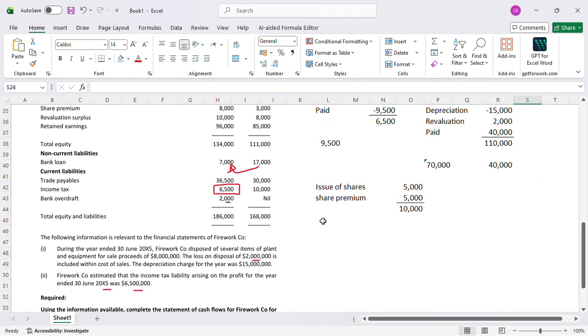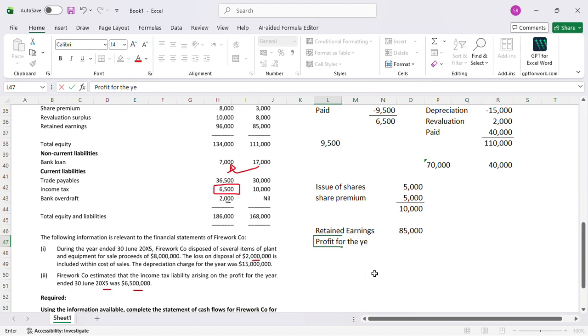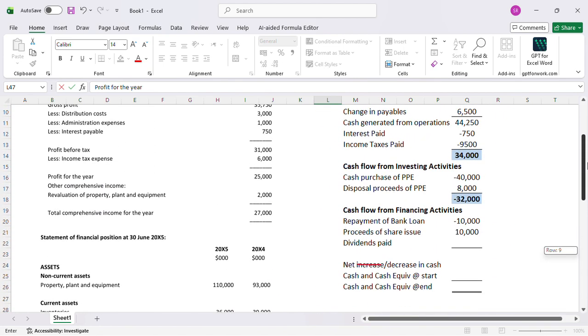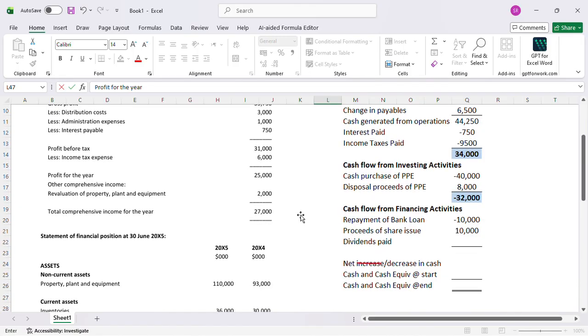Well, for this, you need to look at the retained earnings figure. Now, we started off with retained earnings of 85,000. If we add the profit for the year, by that I mean this figure, 25,000.